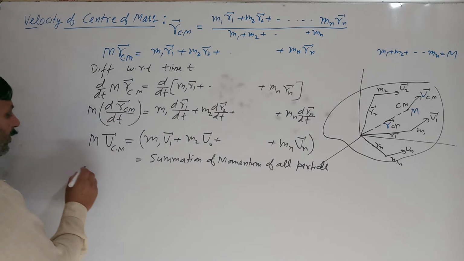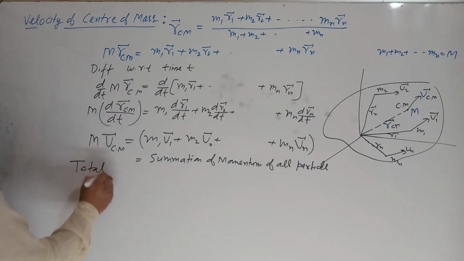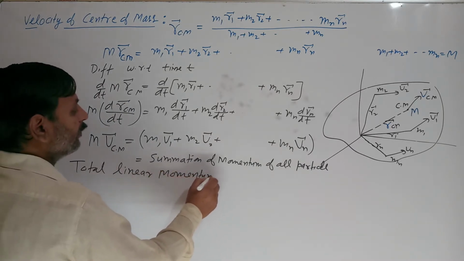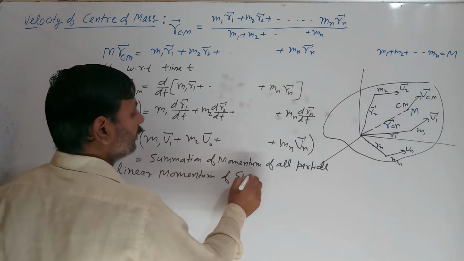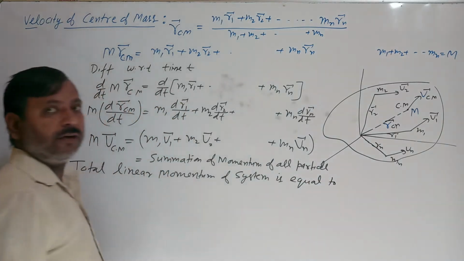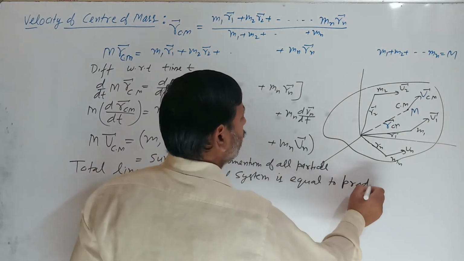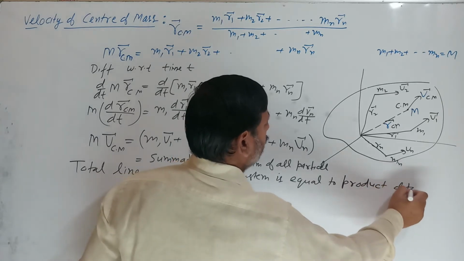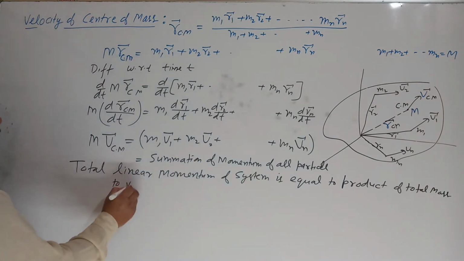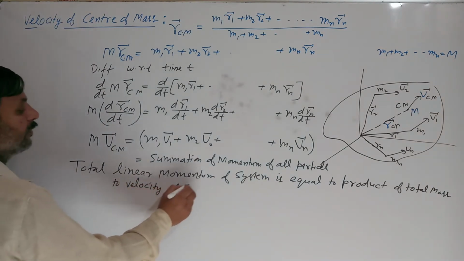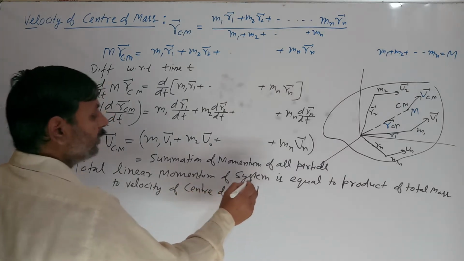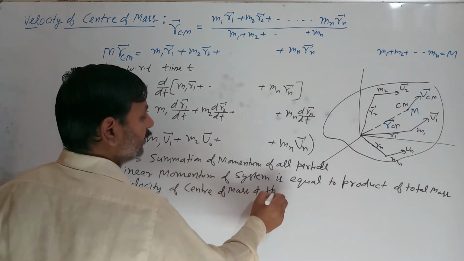So from this we can say the total linear momentum of the system is equal to the product of total mass and velocity of center of mass of the system.